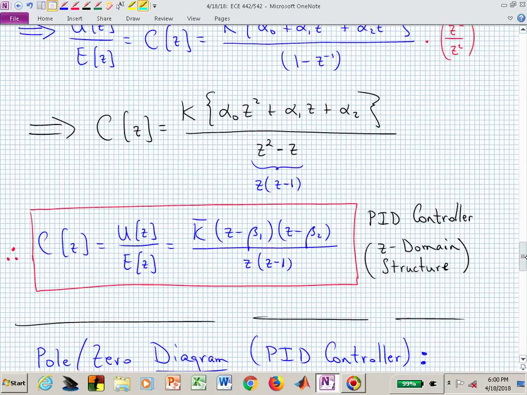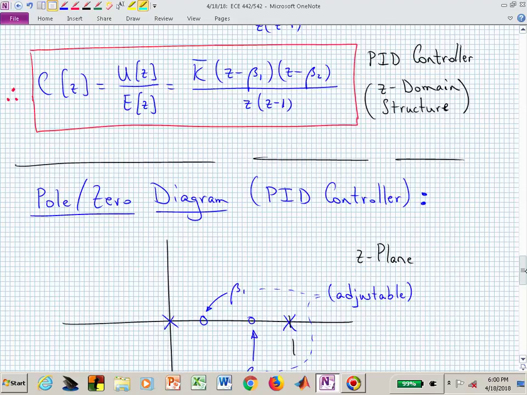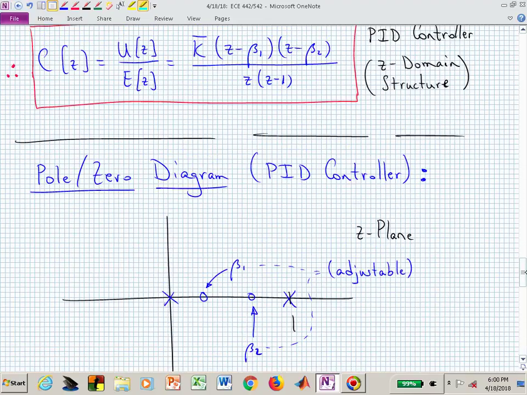What does that represent? Here's the picture that you might be seeing as you're dreaming about PID controllers. If somebody gave you that transfer function, maybe you're actually envisioning this pole zero diagram. You have two poles and they are fixed. One is at z equal to 0, that's at the origin in the z-plane.